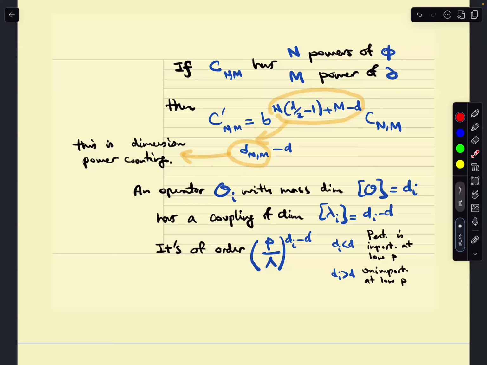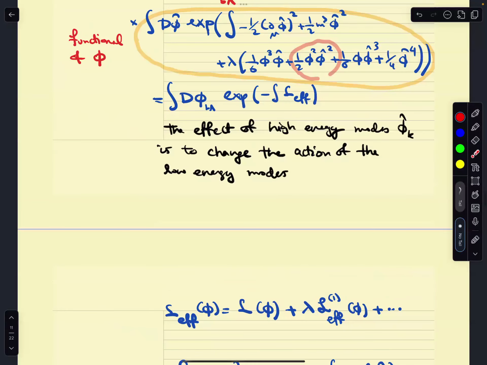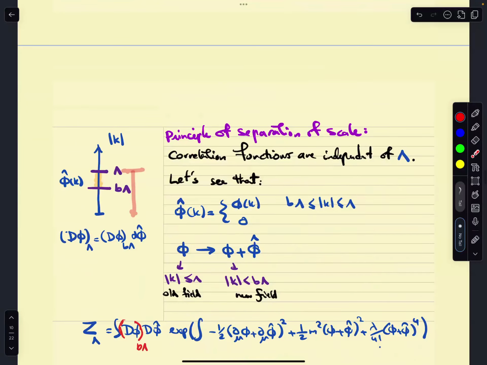We wrote down the path integral as a collection of integrals over different momentum modes. We split the momentum modes, so the theory has a cutoff, and the momentum modes are everything below capital Λ. Then we explicitly perform the integral over this part of the path integral, which in effect lowers the cutoff.